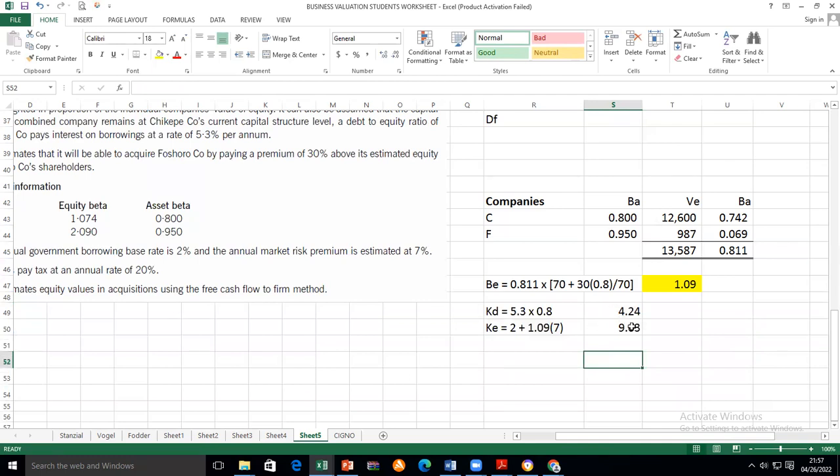That's the cost of debt, cost of equity. And finally, the WACC. 70% comes from where? Plus, comes from where?